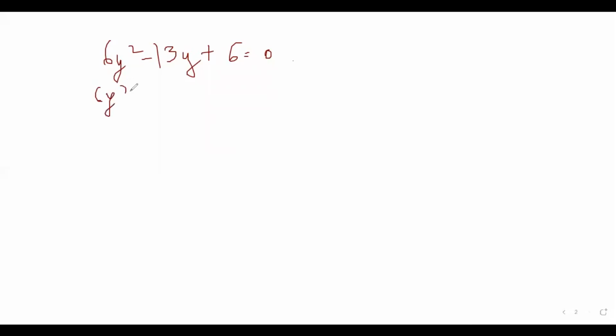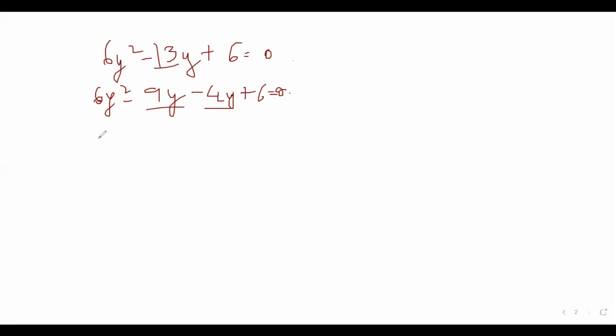That will be 6y² - 9y - 4y + 6 = 0. This is middle term factorization. It's easy. 6 into 6 is 36. Again, minus 9 into minus 4 is 36. So we can easily break the middle term, that is minus 13, into minus 9 and minus 4.